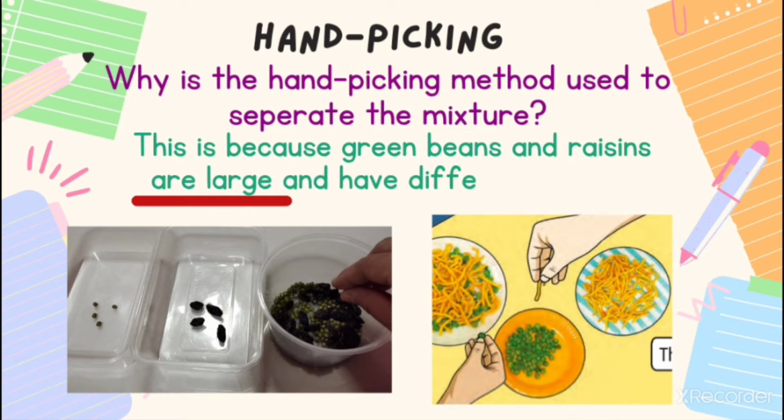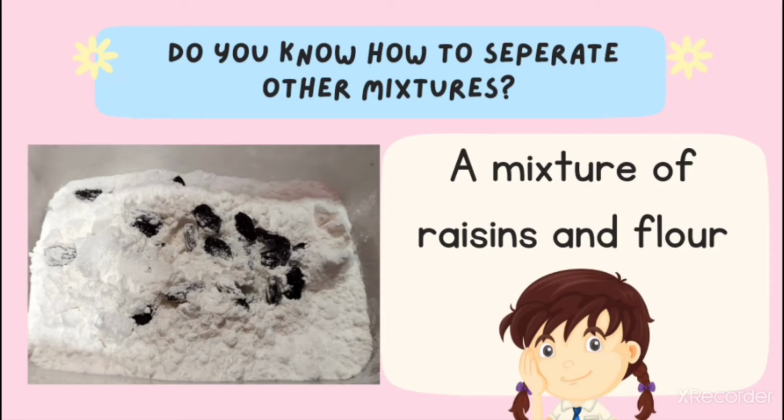Why is the hand picking method used to separate the mixture? This is because green beans and raisins are large and have different shapes. If the materials are large, you can use the hand picking method. Method itu adalah kaedah.